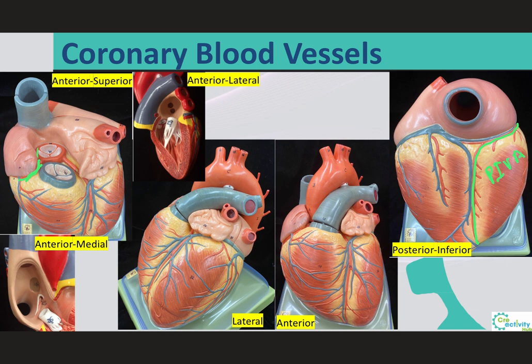Now let's talk about your veins. With regards to veins, we have the great cardiac vein that runs parallel to the anterior interventricular artery. It will swing all the way around, and we can see it on a posterior view, how it comes all the way around, and it will end on the coronary sinus.